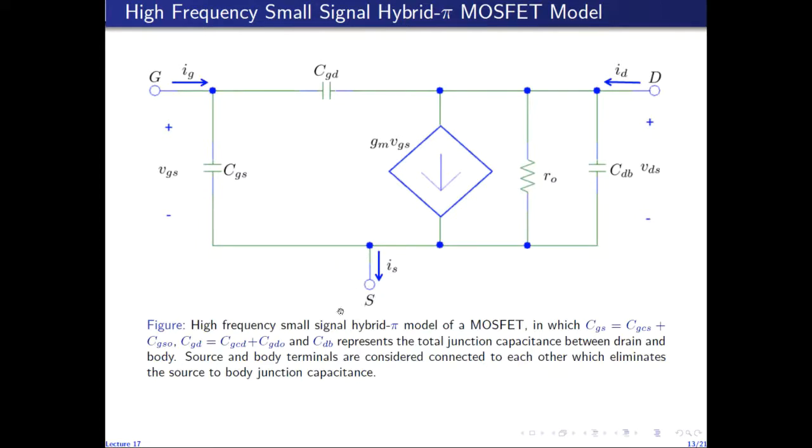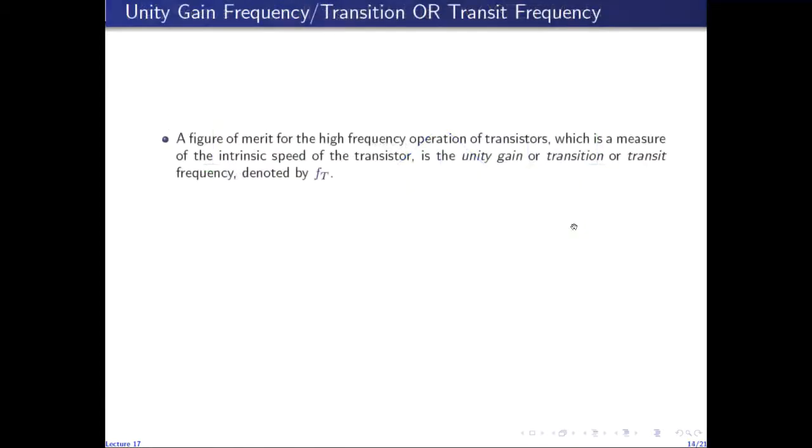So this is the high frequency small signal hybrid pi model for the MOSFET, which can be used to analyze MOSFET circuits at high frequency. Because of these capacitive effects, the intrinsic gain of the devices reduces and drops at high frequencies. By intrinsic gain, I mean the beta of a BJT, because a BJT has an intrinsic current gain.